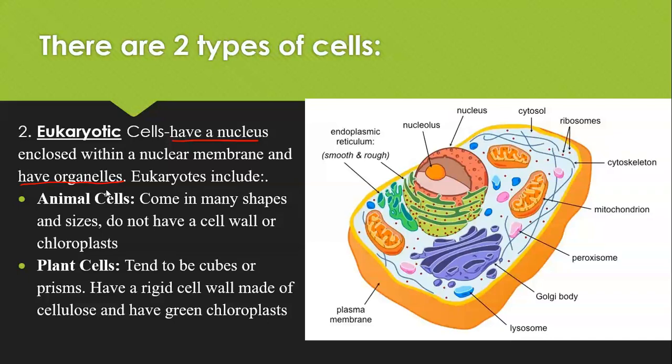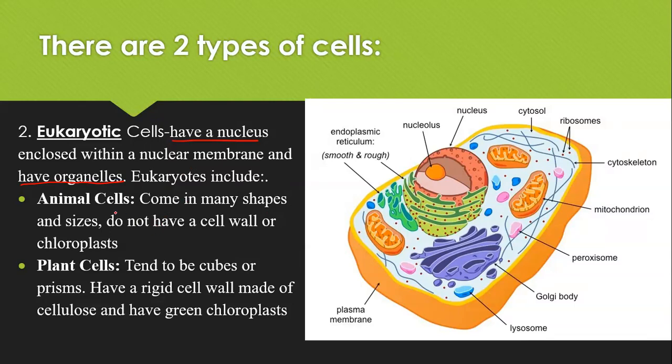We're going to concentrate our time in this section on eukaryotes because we're very familiar with them. Eukaryotic cells make up all plant and animal cells. We're going to look at the similarities and differences between plant and animal cells, but all of them are eukaryotic, meaning they have a nucleus and they have organelles which are bound by a membrane.